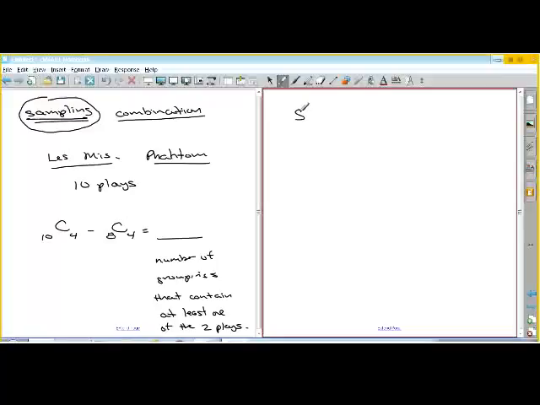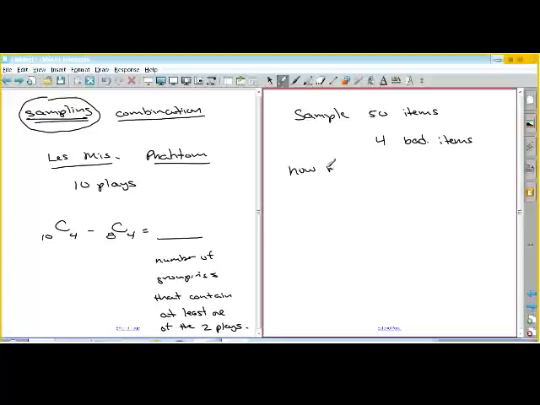So if you were doing a sampling, let's say you sample 50 items, and 4 out of the 50 are bad items. There's a defect. So the question is, how many arrangements have at least one bad item?